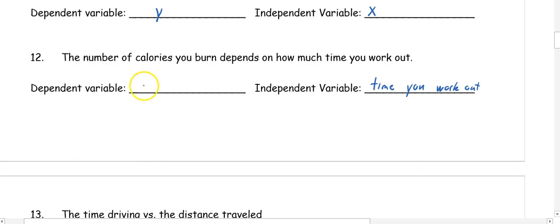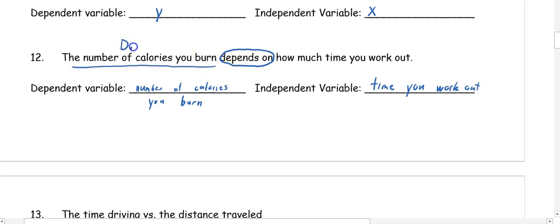So the dependent variable is going to be the number of calories you burn. So in number 12, this is an example of a dependency statement because we have the depends on in the middle. So whatever comes before the depends on, that's going to be our dependent variable. And whatever comes after the depends on is going to be our independent variable.